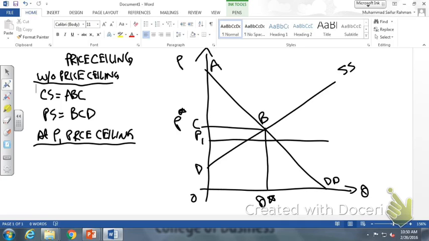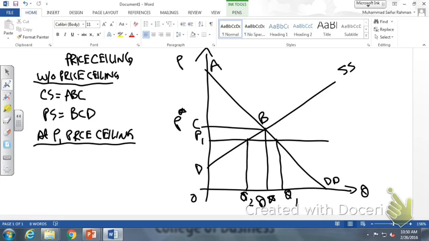To begin with, at this price of P1, we can go to the demand curve and find out that Q1 is the amount of goods that our consumer wants to buy. We can go to the supply curve and find that Q2 is the amount of goods that our producer wants to sell at P1 price.